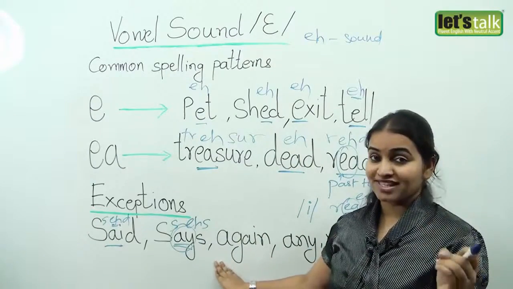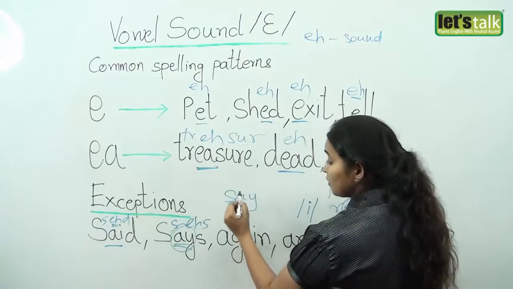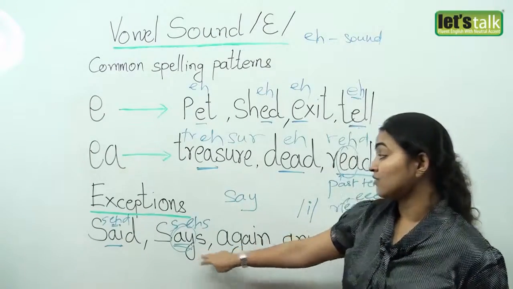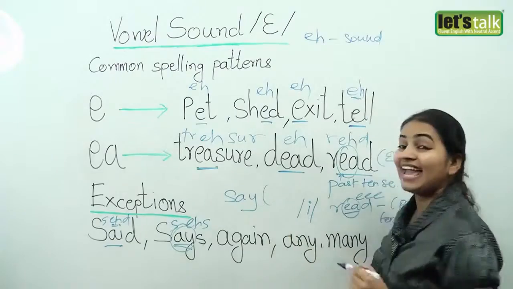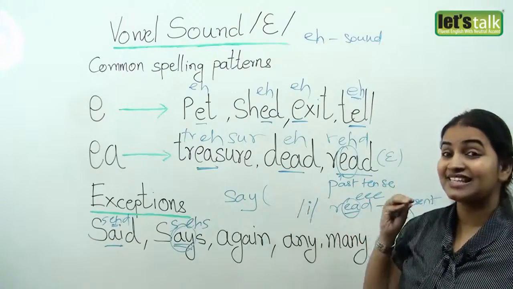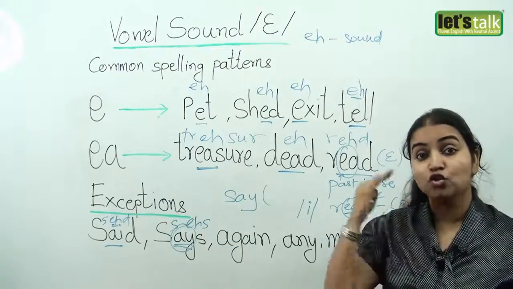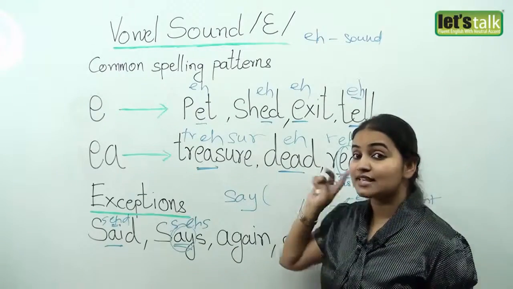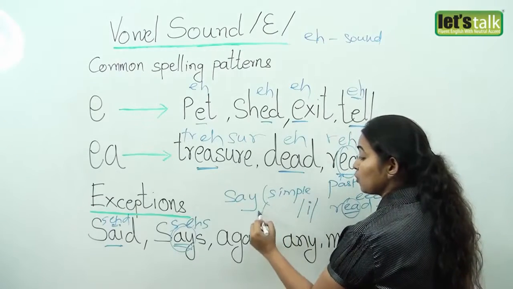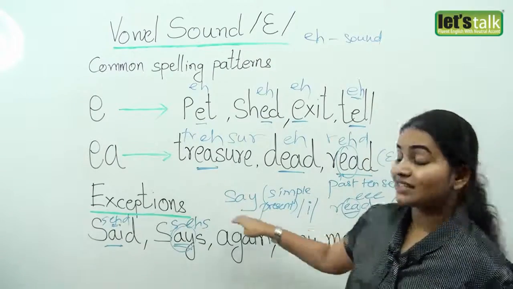Just to bring to your notice again that only in the simple present form, wherein we say it without the S, the vowel sound is the A. So I don't say say with a short E, I say I say to her. So that's the A sound in my simple present without the S. So that's a say.